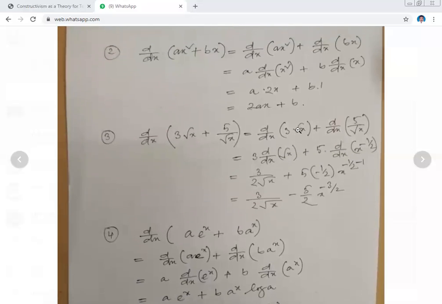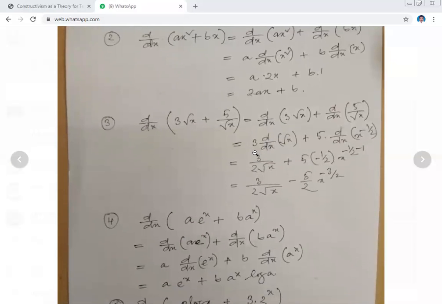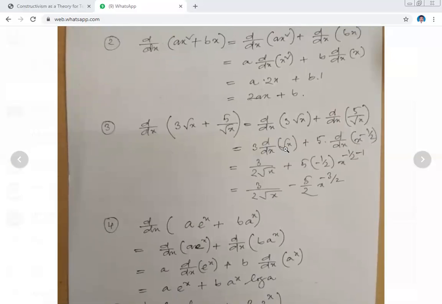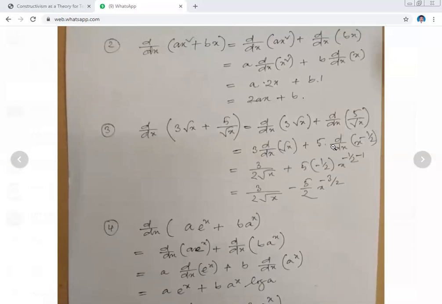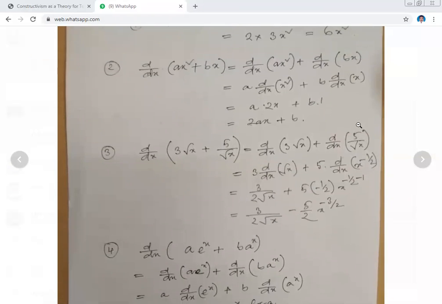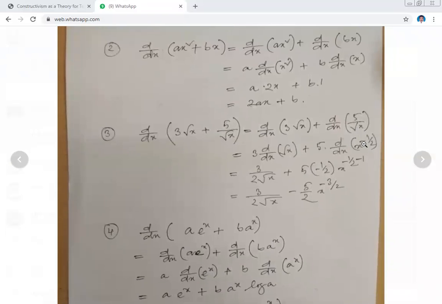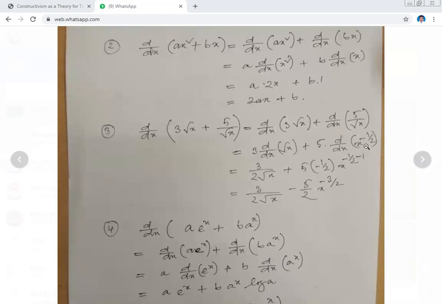So d/dx of 3 root x, 3 is constant, so it is written outside, and d/dx of root x is left. Plus 5 by root x, 5 is constant, so 5 is written outside the operator. So it's left d/dx of 1 by root x. 1 by root x means x to the power minus half.